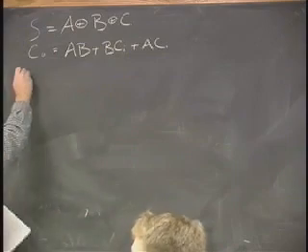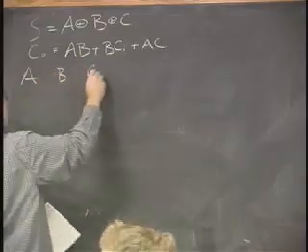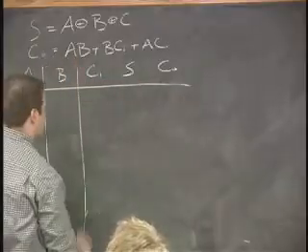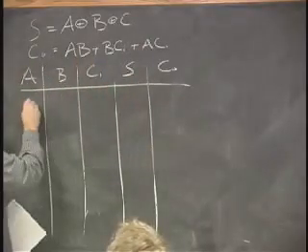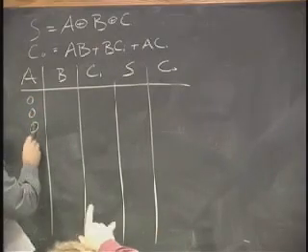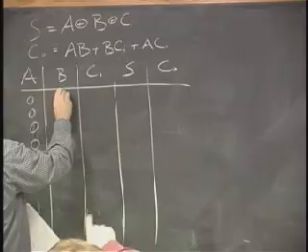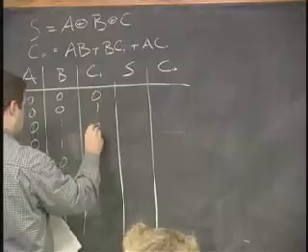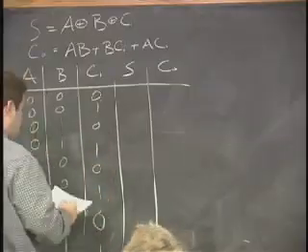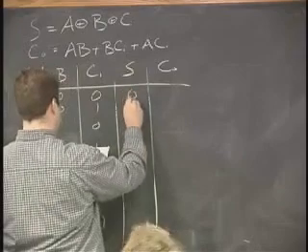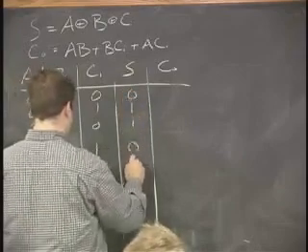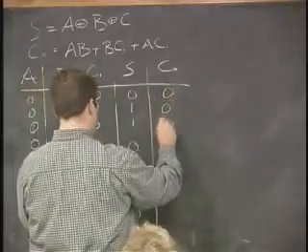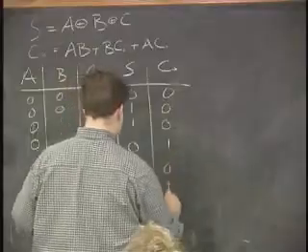Let's draw the truth table real quick. So this is 0, 1, 1, 0, 1, 0, 0, 1, 0, 0, 0, 1, 0, 1, 1, 1.